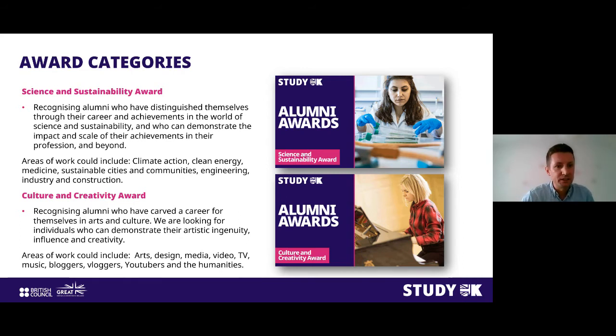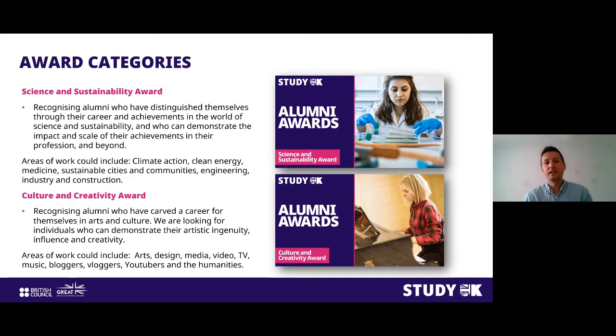Culture and creativity, we're looking for individuals who can demonstrate their artistic ingenuity, influence and creativity. So things like art, design, media, video, TV, music, bloggers, vloggers, YouTubers, and just generally the humanities.